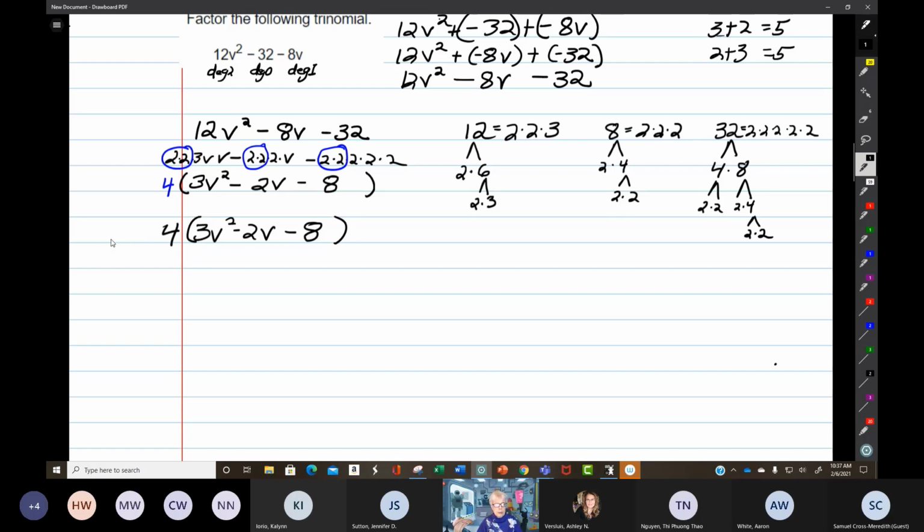In fact, I can write over here that A equals 3, B equals -2, and C equals -8. Be careful, remember the invisible plus signs.